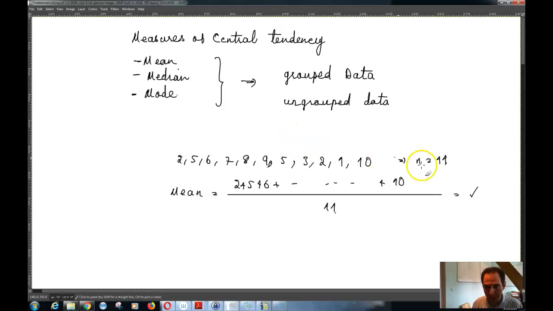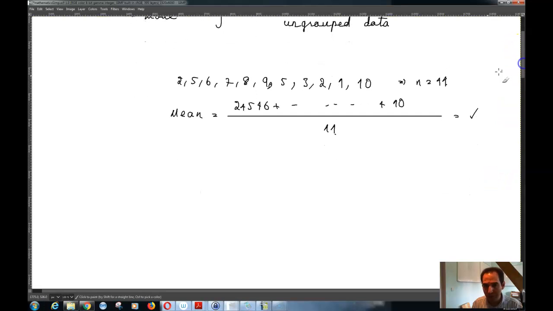Meaning that you write your observations as 1, 2, 2, 3, 5, 5, 5, 6, 7, 8, 9, 10.